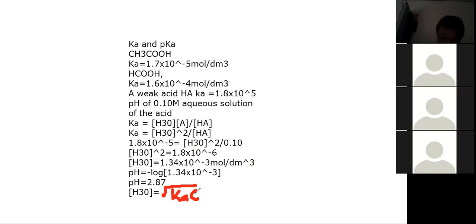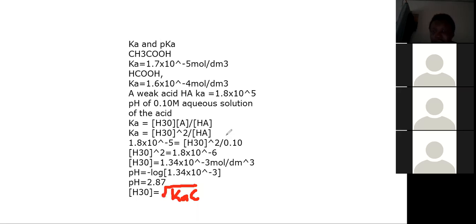So this is the concentration. So Ka is equal to, HA is a weak acid. We are talking about the weak acid. In other words, HA is the acid.